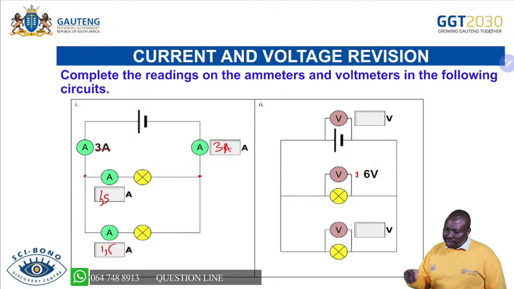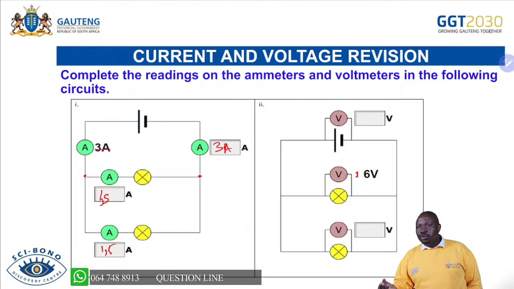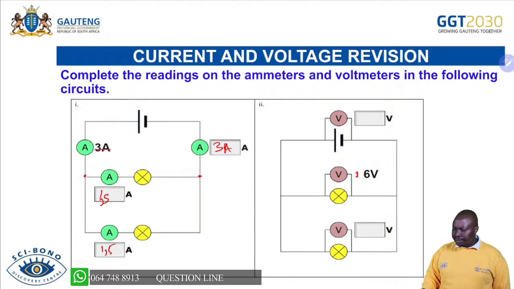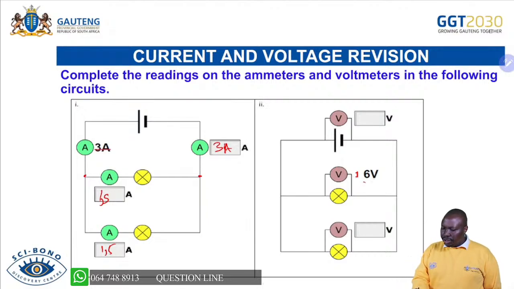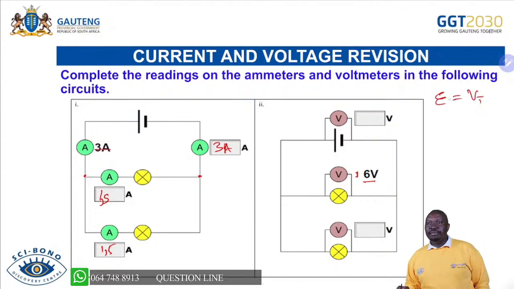And that's what we're expecting you to do when you're solving problems. Deal with the current, deal with the voltage, and then it will be easier as well to deal with the resistance. Now let's look at Roman figure 2 there. For Roman figure 2 now you are having 6 volt that is in parallel with this one. Remember the internal resistance we said is negligible, which means that our total potential difference is equal to the EMF.